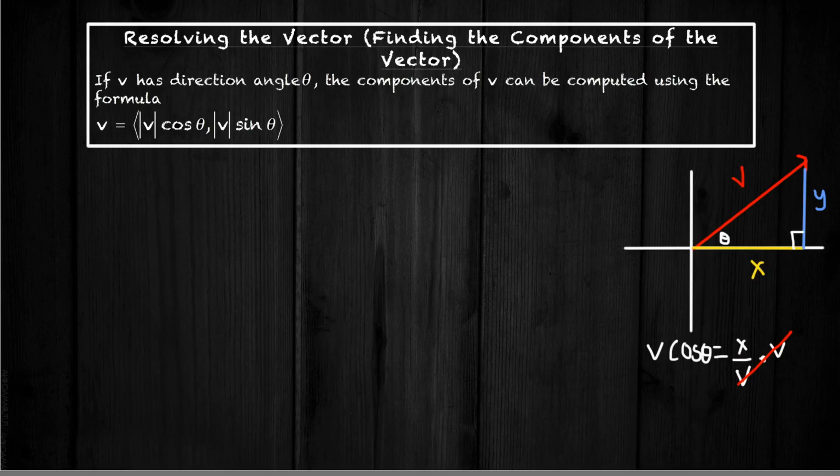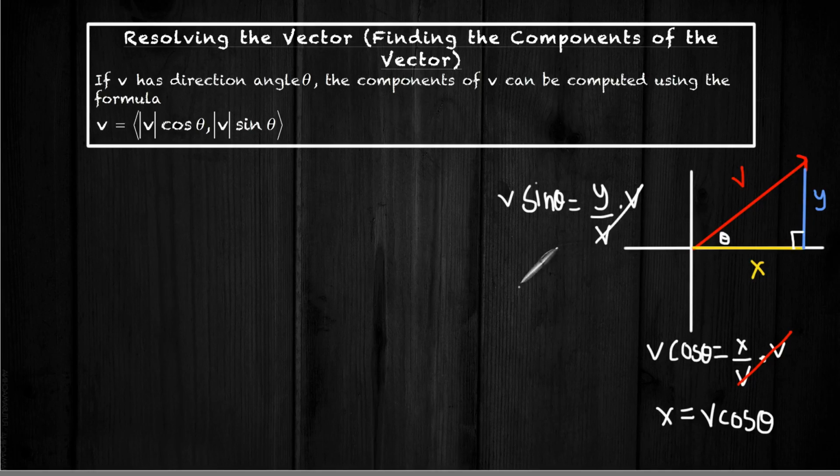And so now we have x equals v cosine of theta. Let's do the same thing for the y component. So we will say sine of theta equals opposite, which is y, over hypotenuse, which is v, multiplied by v, and now you get y equals v sine of theta.